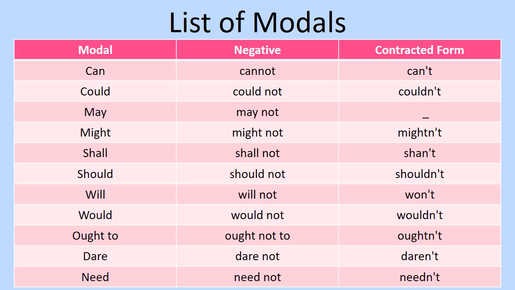May not, and students, we do not use the contracted form of may not. Might not, mightn't, shall not, shan't, should not, shouldn't, will not, won't, would not, wouldn't, ought not to, oughtn't, dare not, daren't, need not, needn't.